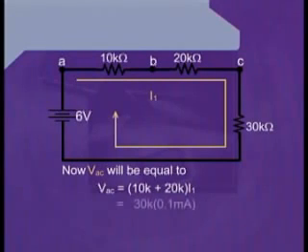That will be equal to 30K into, after putting the value of I1, 0.1 milliamperes. That will come up as, after cancelling the milli factor with the kilo factor, VAC is equal to 3 volts.